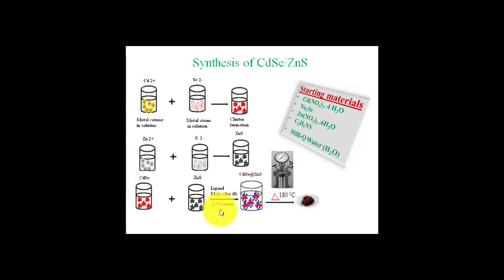L-cysteine is used here along with water as a solvent, and similarly the temperature is 180 degrees Celsius, and the reactants are placed in an autoclave, and the autoclave is heated at 180 degrees Celsius for a certain period of time, and we get cadmium selenide, zinc sulfide composite material.